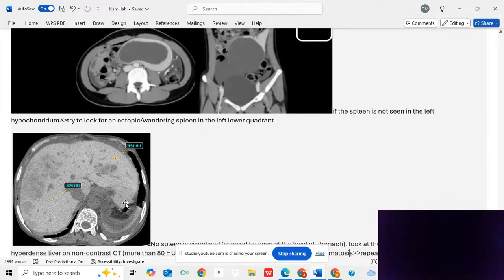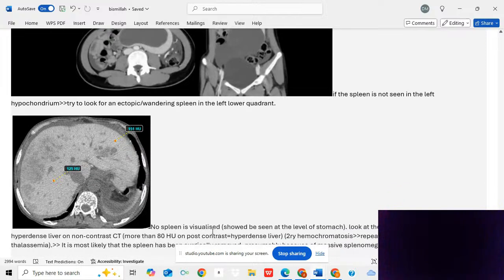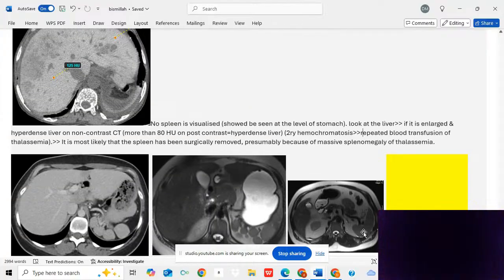Of course, the spleen was extremely enlarged like the liver, but we surgically removed the spleen here and left the liver. So why can't I see the spleen here? It is most likely that the spleen has been surgically removed, presumably because of massive splenomegaly of thalassemia.